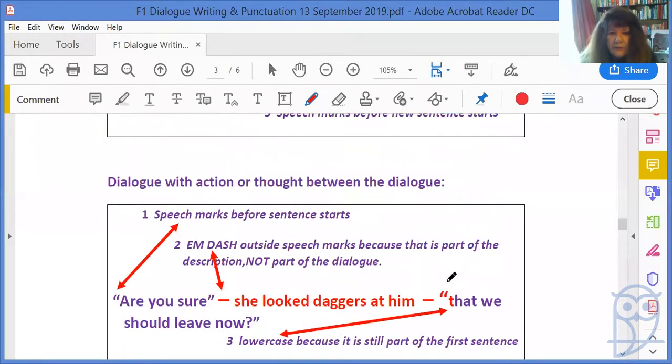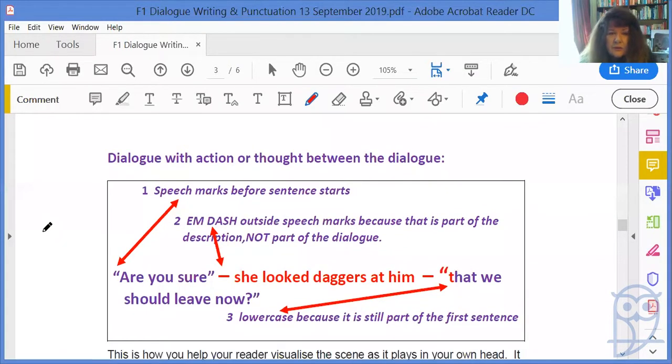Right, dialogue with action or thought between the dialogue. We just looked at one there. As usual, we've got the speech marks before the sentence starts and a capital letter. "Are you sure?" And then we've got an M dash. M dashes, these are called, because that is part of the description. It's not part of the dialogue. So "Are you sure?"